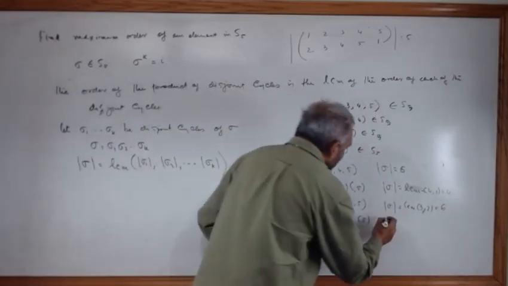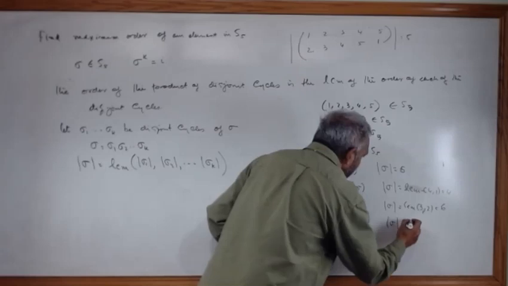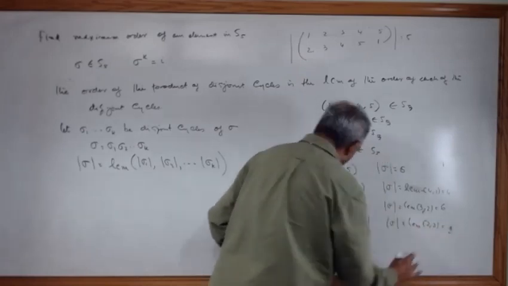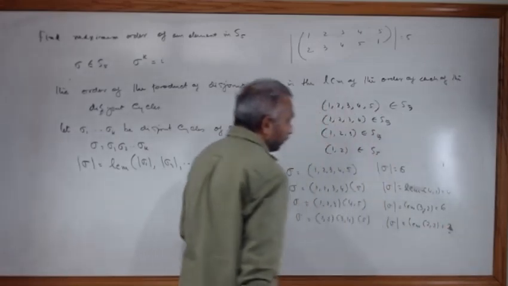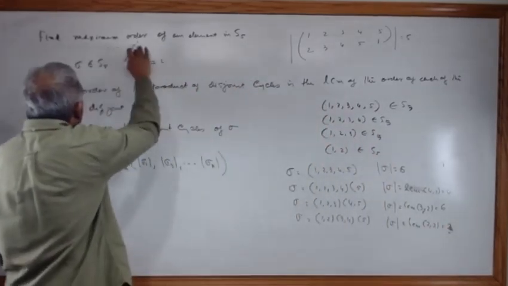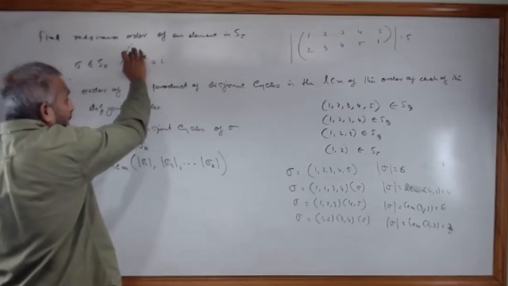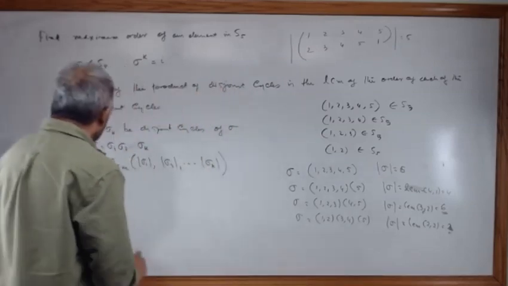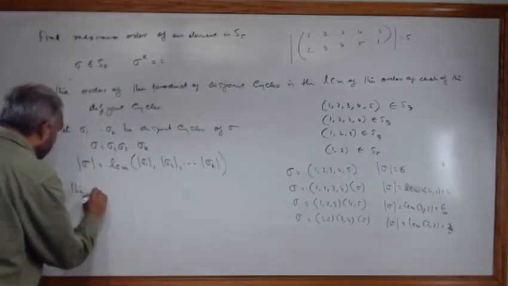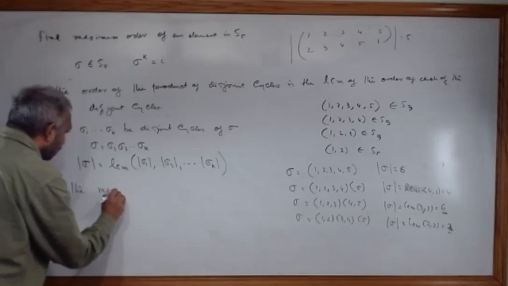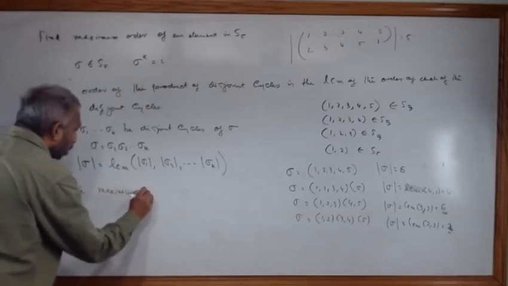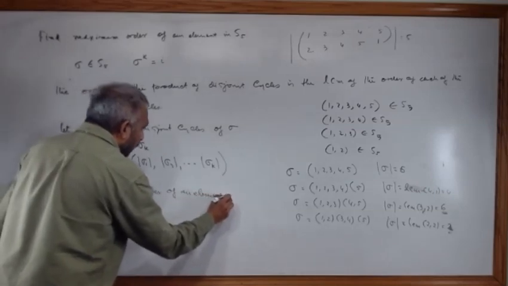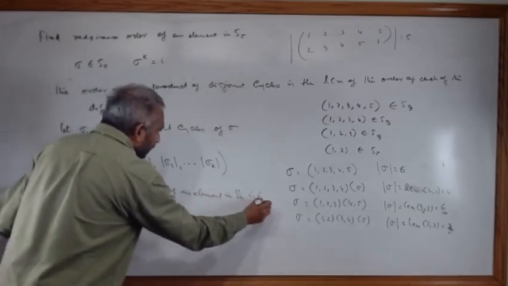And here it will be the LCM of 2 and 2, and that is equal to 2. So the maximum order is 6. So the maximum order of an element in S5 is 6.